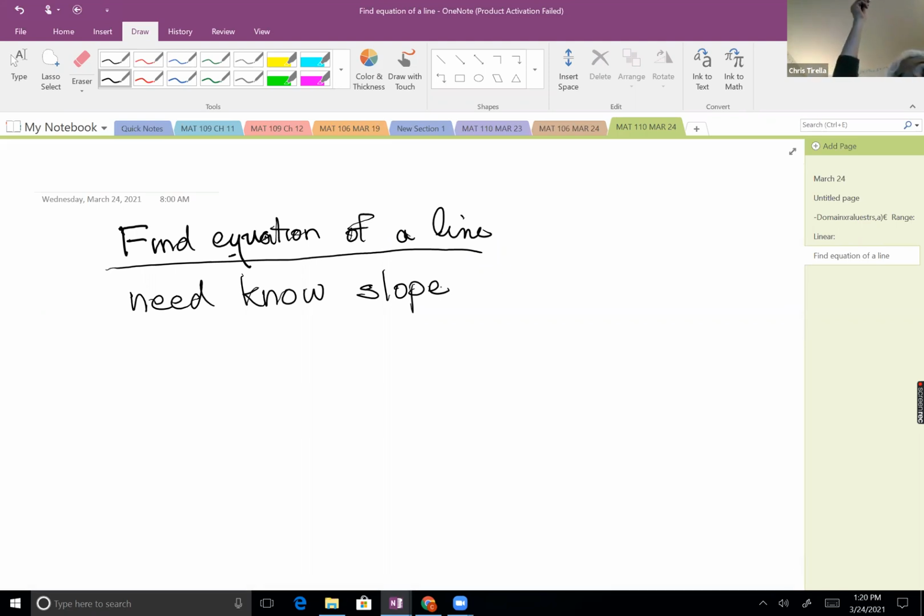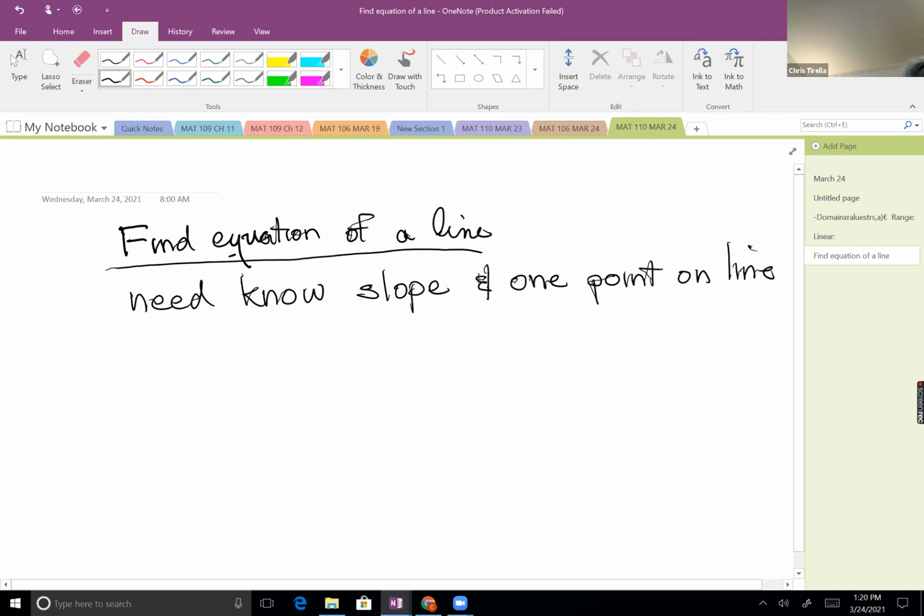Is it up high? Is it down low? Where does it go? And to find out where it is in the plane, we'll get that by knowing one point on the line. And so if we know how slanted it is, and we have a point to put it through, that will give us a single line. And to find the equation, we need to know the slope and one point.